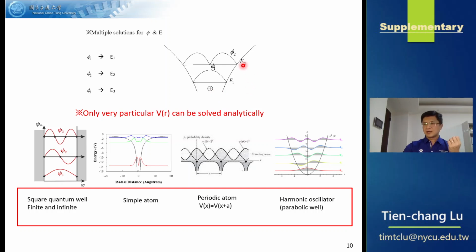So the potential energy has the form 1 over r, where r is the distance between the nucleus and the electron. Once we determine the potential energy, we are able to solve the wave functions φ1, φ2, φ3, and so on, and each wave function has its own eigenenergy, E1, E2, and E3.